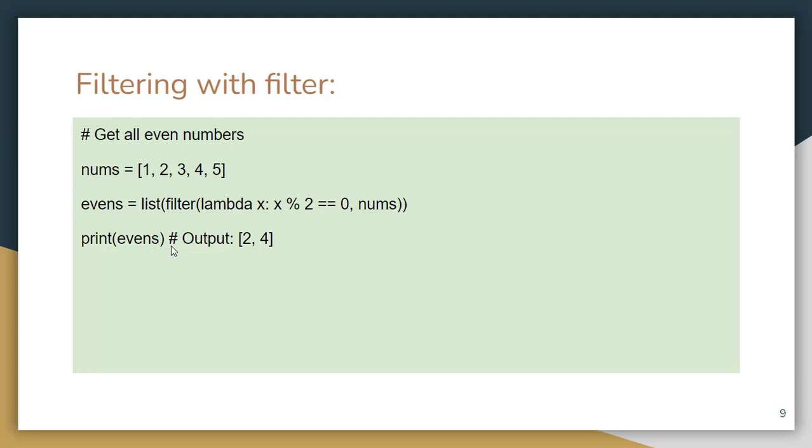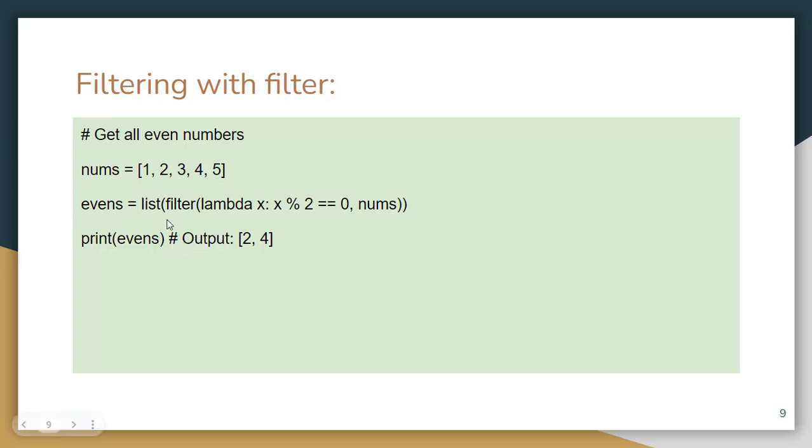So we write evens equals to list, under brackets, filter. Filter is a function for filtering something, and here I am using a lambda function: lambda x colon x % 2 equals to 0.